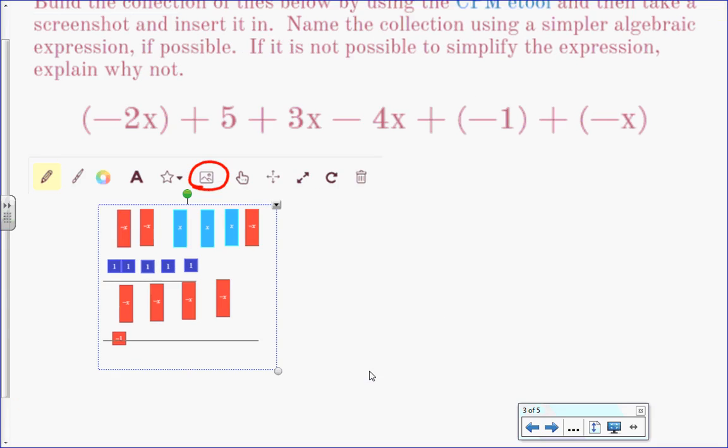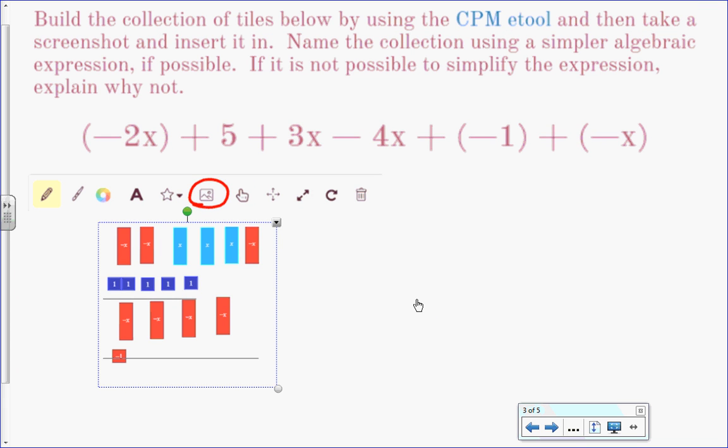So now I have my picture inserted in, okay? So then I want to simplify it.